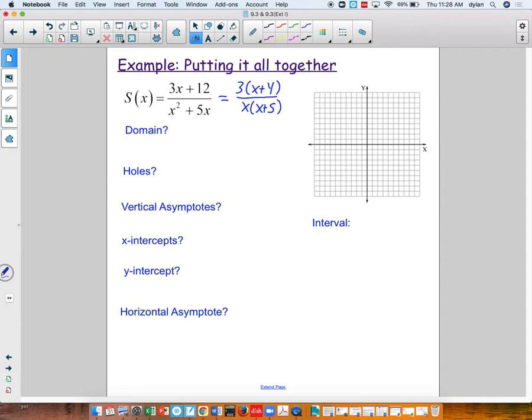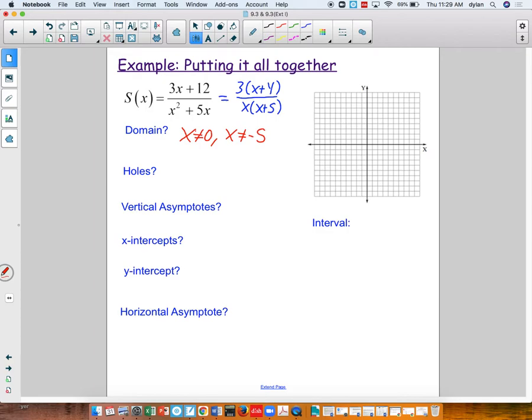Now in this case it doesn't, but in some cases it will. The other reason to factor is it can sometimes help you to see the domain a little bit more clearly. In this case, our domain is that x cannot equal 0 and x cannot equal -5, because those are the two values that would create the denominator to be equal to 0.